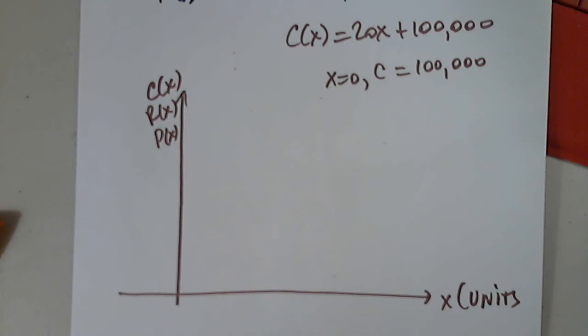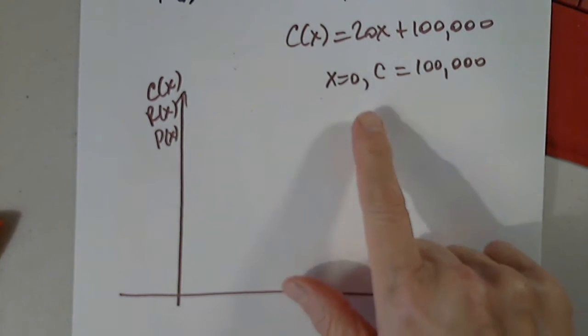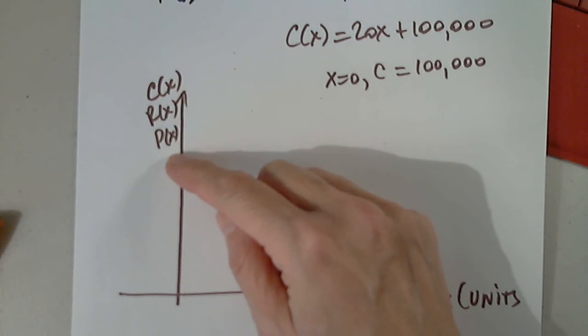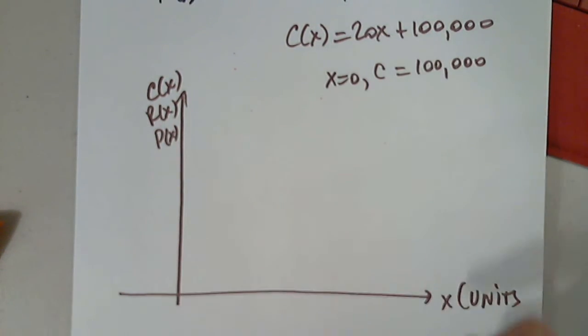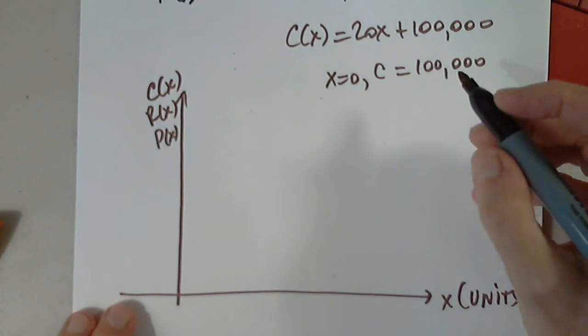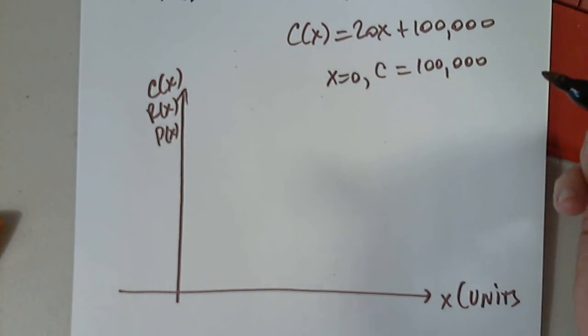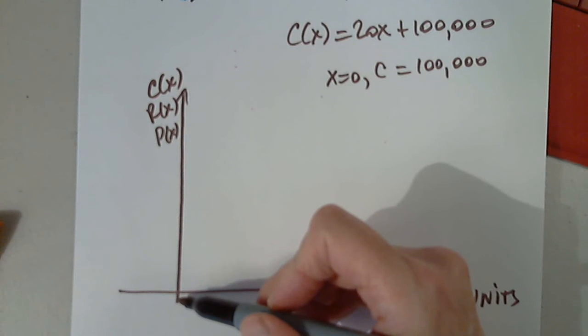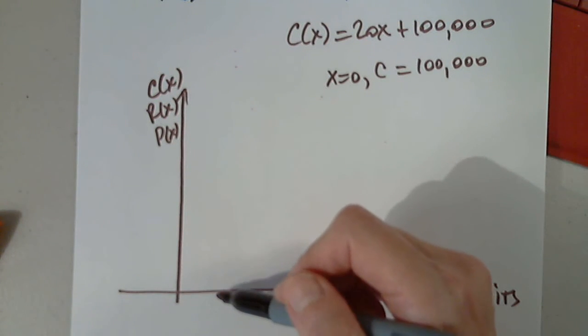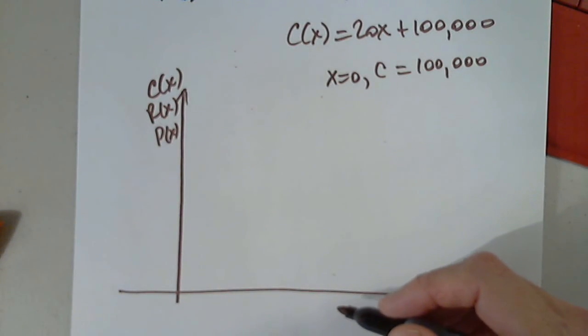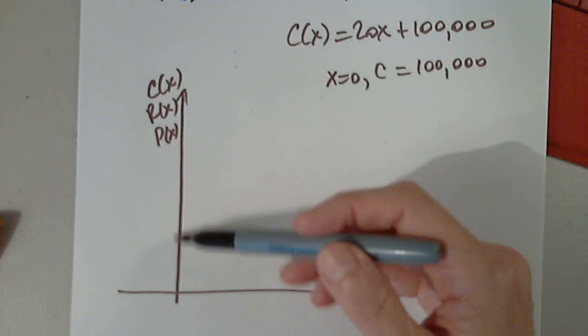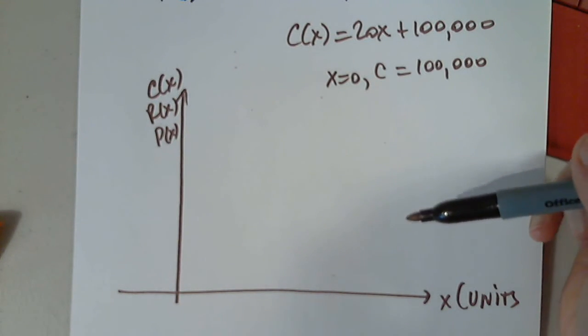So of course I'm going to use 3 different colors. So we have to plan ahead. When X is 0, C is 100,000. So we'll see what we want to use as the unit. Now for the revenue, when X is 0, we have 0. So the revenue starts at the origin. And let's say at 1,000 it will be 45,000. I'm just trying to see how high we go on the y-axis.